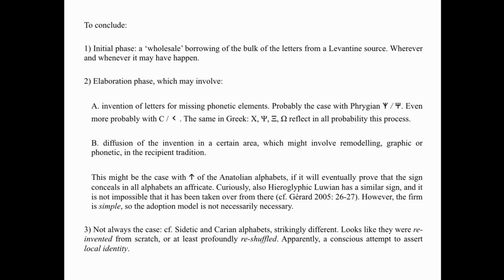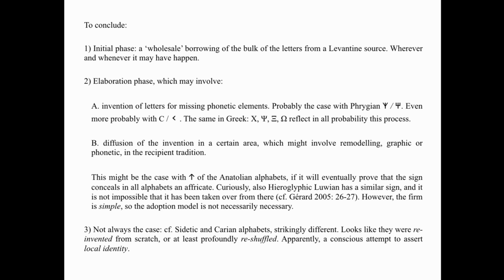And then the case of the arrow-like letter might suggest the next thing. I do not want to take this evidence too far, because it might be a circular argument: we want to see behind the arrow-like letter the affricate, and we are imposing this value for all alphabets, which might be dangerous.